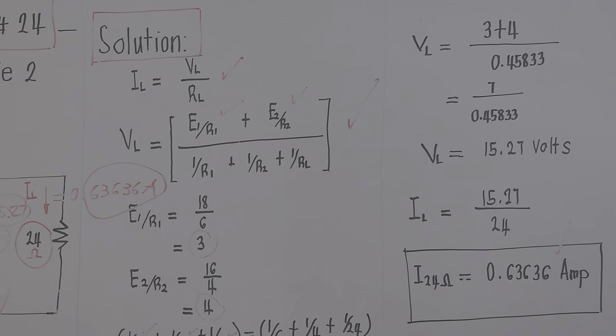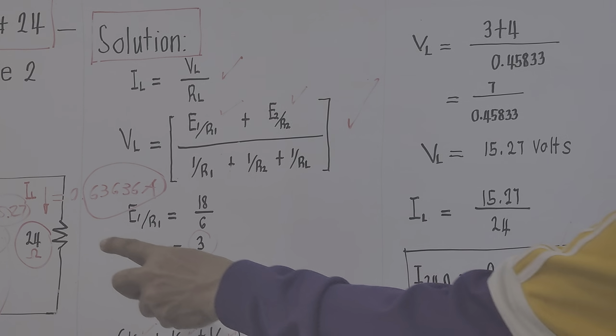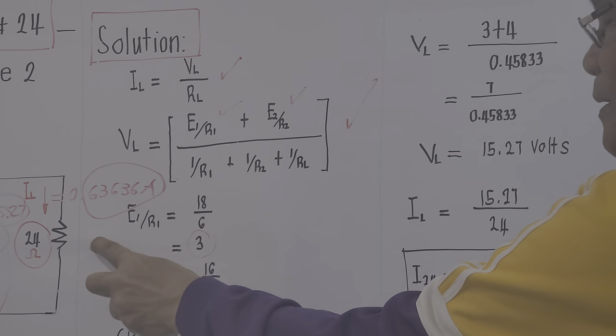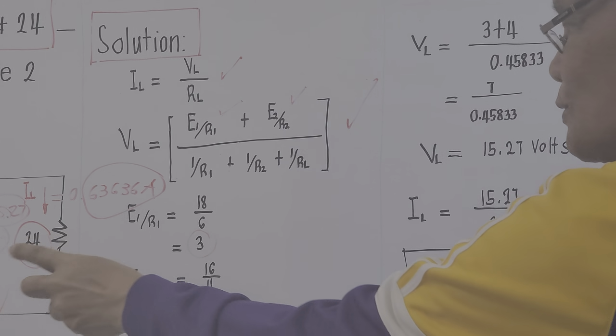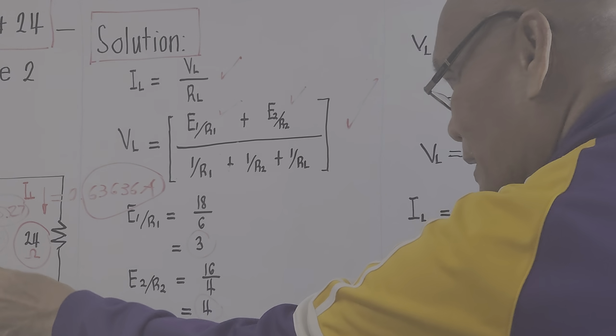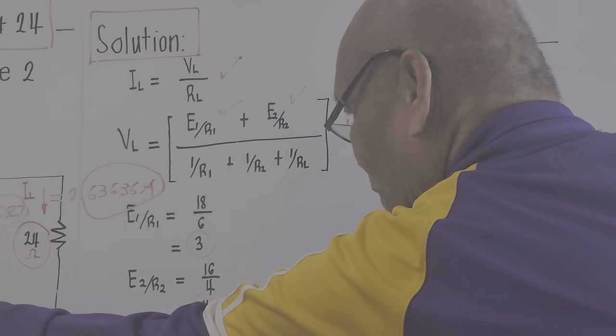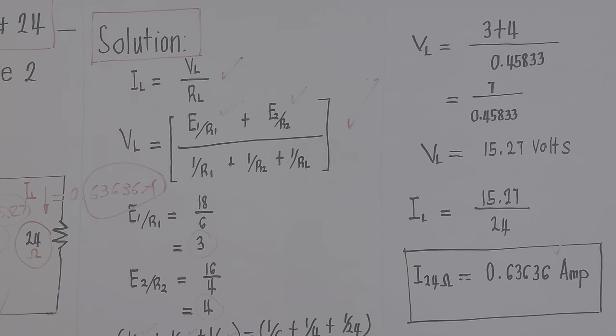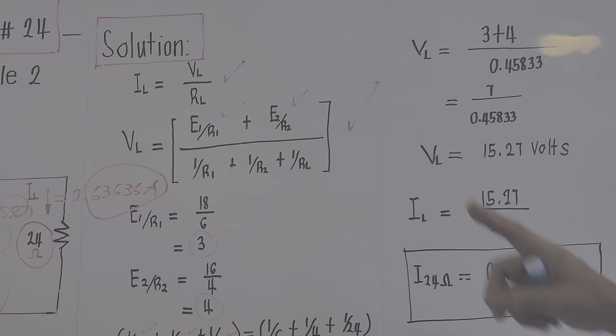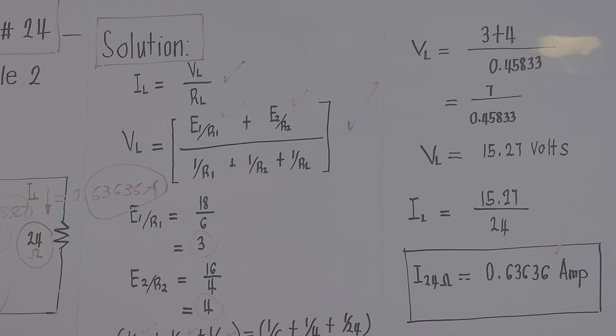If we compute the current passing through the 24 ohm load due to the 16 volt source here, when this 18 volt source is shorted, it will be the ratio 8.727 divided by 24, and that will be 0.3636 amperes.